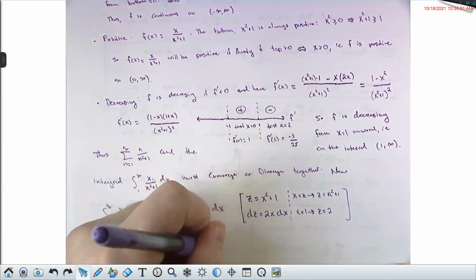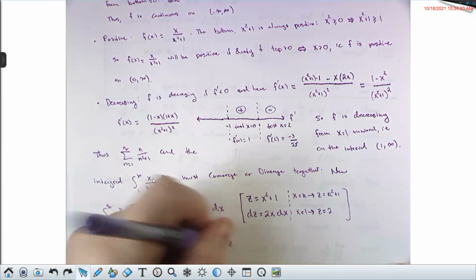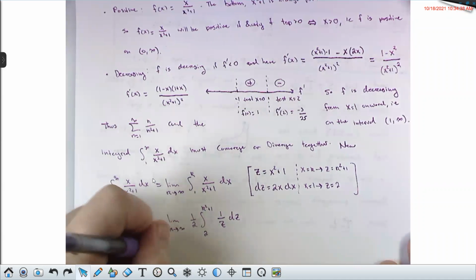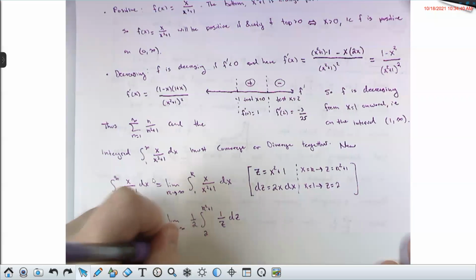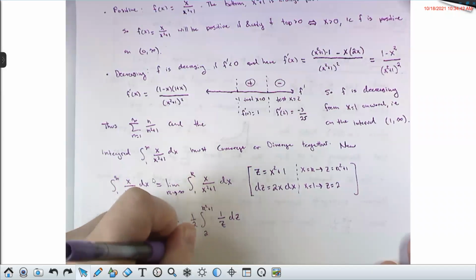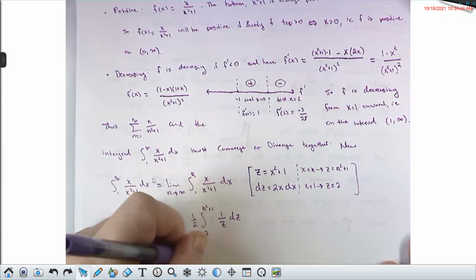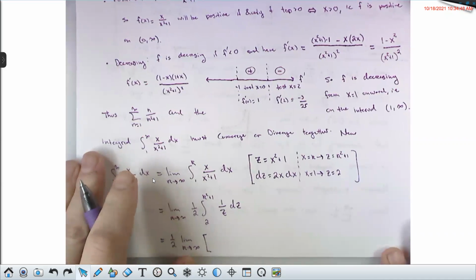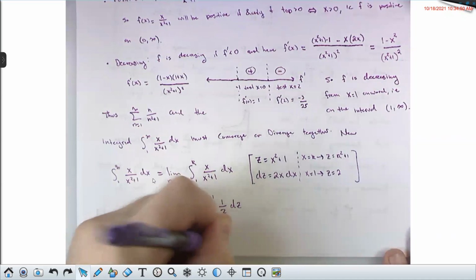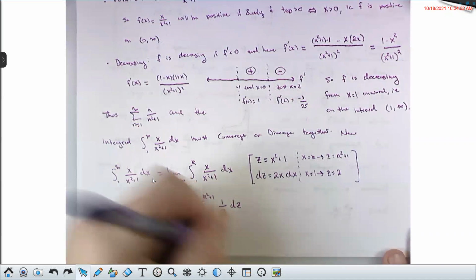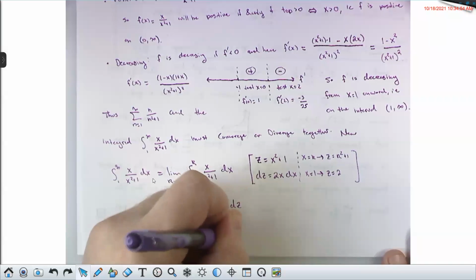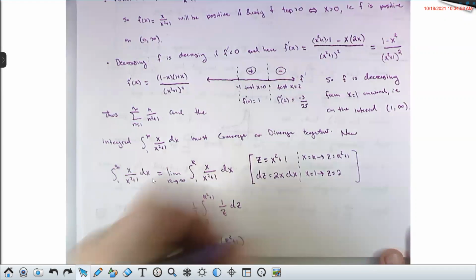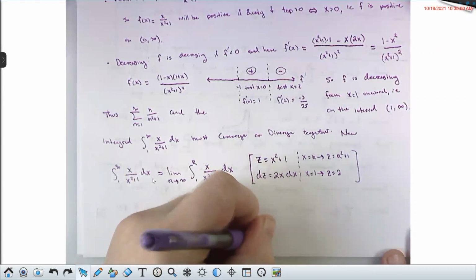I'm just left with 1 over z dz. So this is, I'll pop the 1/2 out further, 1/2 times the limit as r goes to infinity. The antiderivative of 1 over z is the natural log of z. So this will be the natural log of r squared plus 1, eschewing absolute values here because r squared plus 1 is definitely positive, minus the natural log of 2.